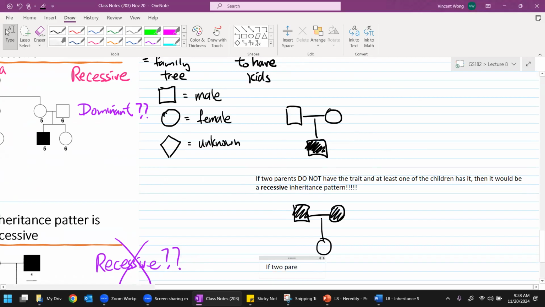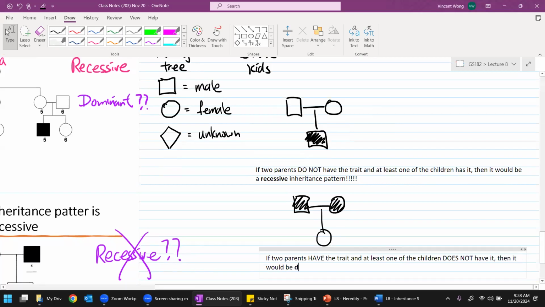If two parents have the trait and at least one of the children does not have it, then it would be dominant.